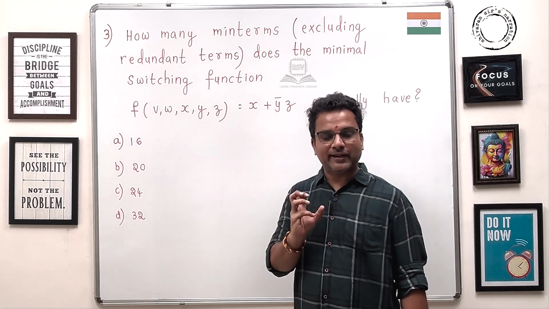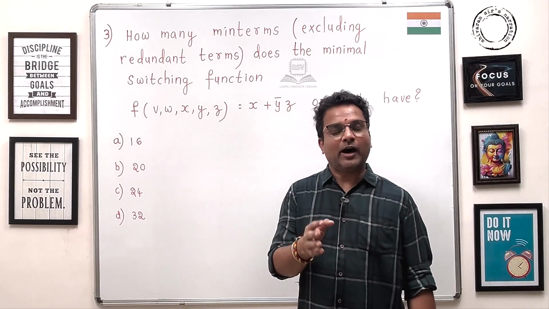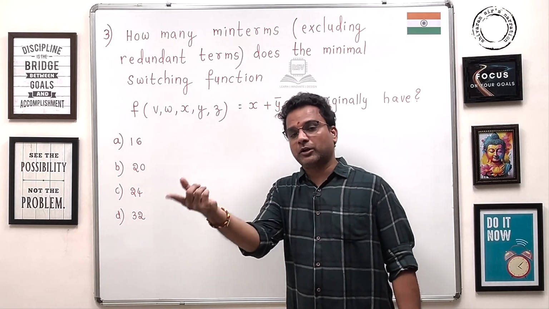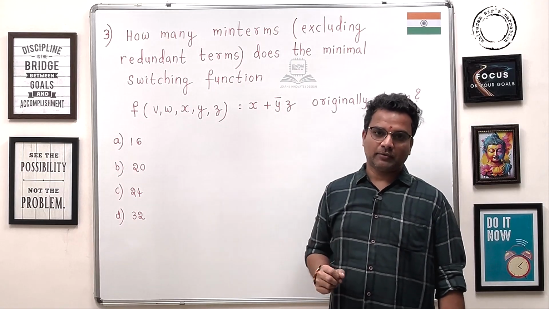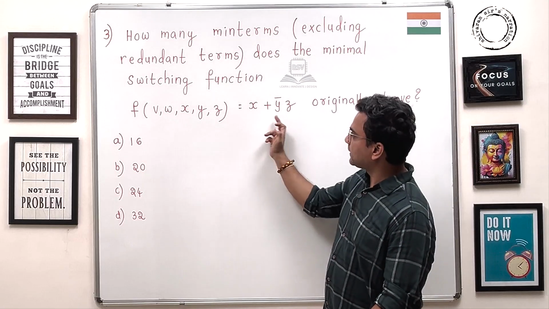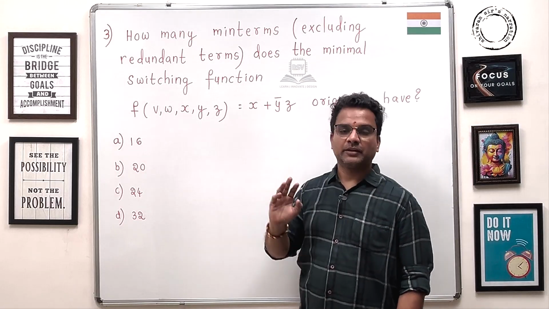This question indirectly tells us how to convert this minimized expression into canonical expression or standard SOP expression, because it is in the SOP form, isn't it? Yes.